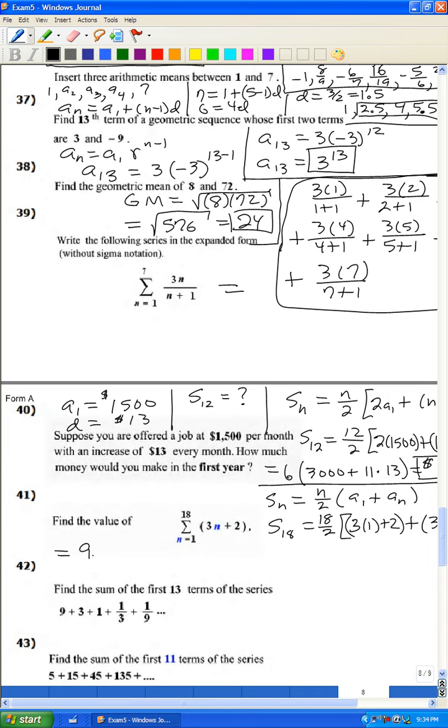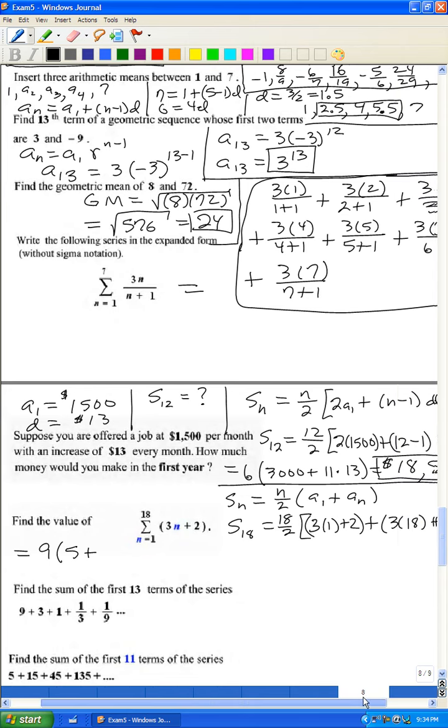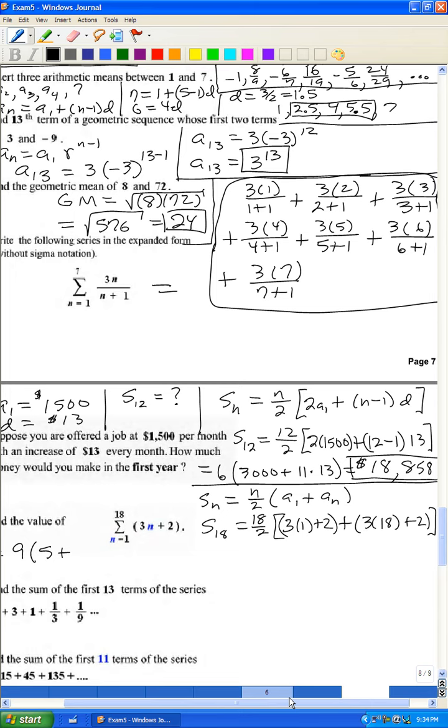And so this sum is equal to 9 times 5 plus 3 times 18, which is 54, plus 2, which is equal to 61 times 9, 549.